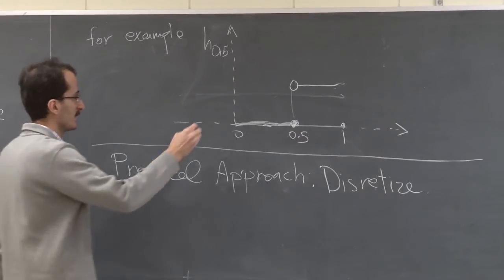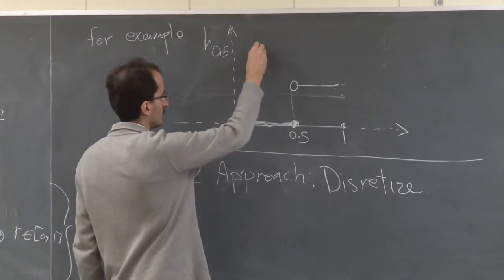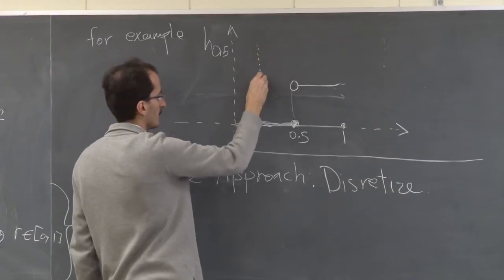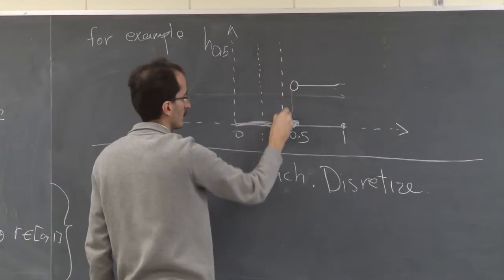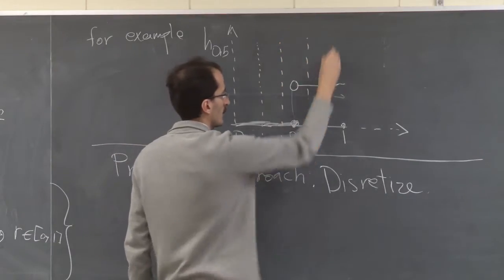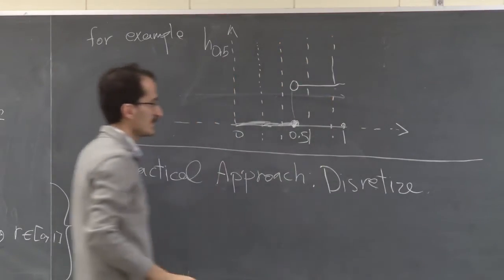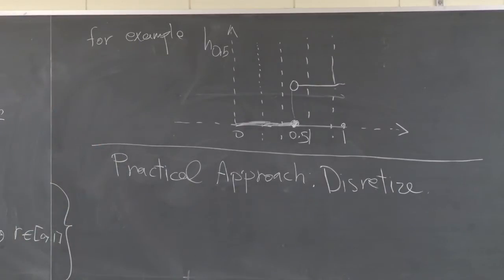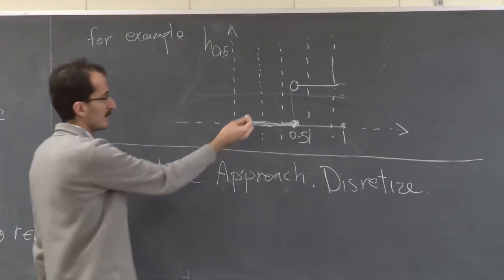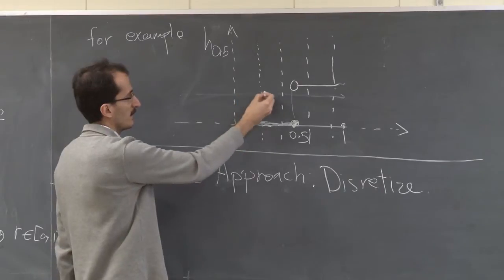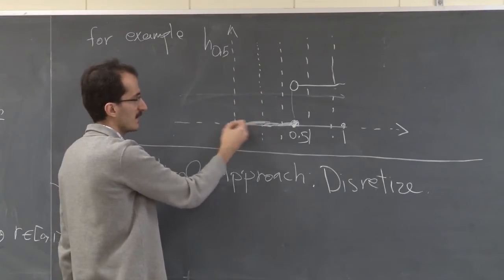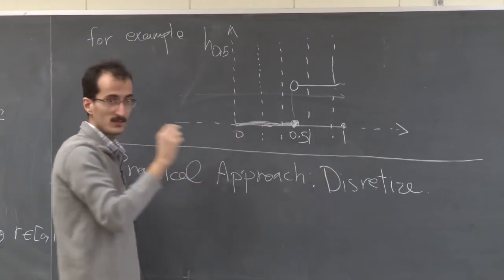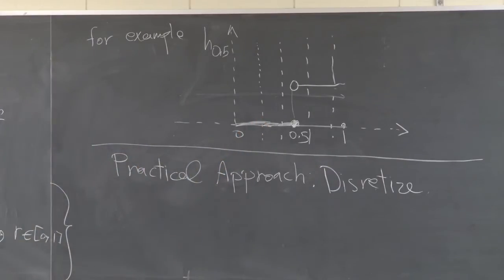For example, here, I can discretize the domain like that, and then I don't allow my hypothesis, the threshold, to be between those lines, but the threshold should be one of those lines.